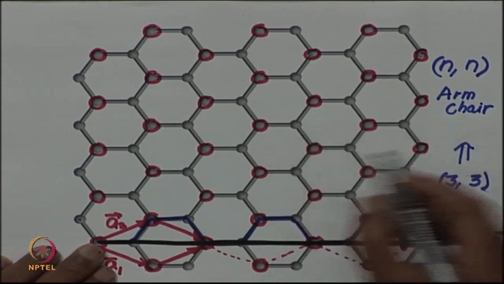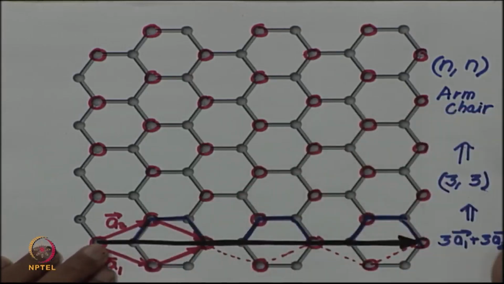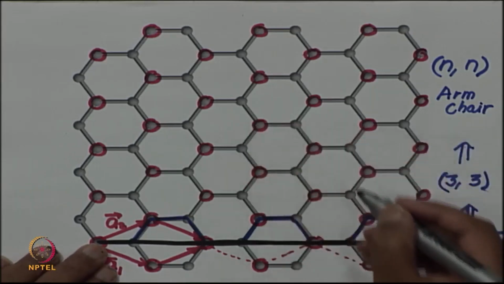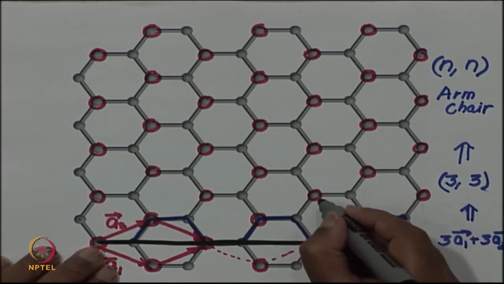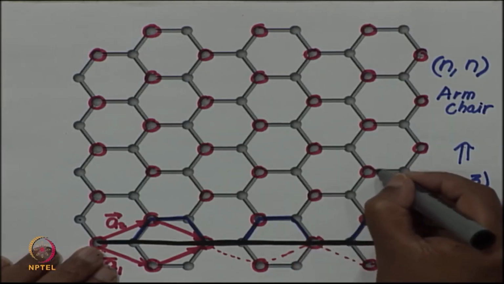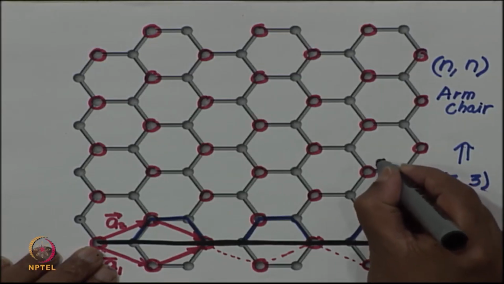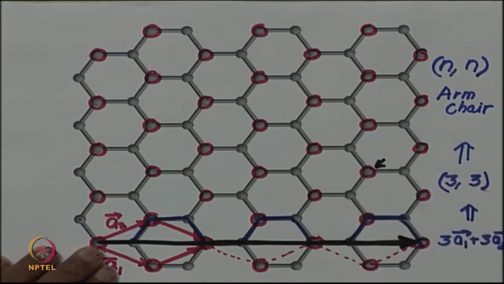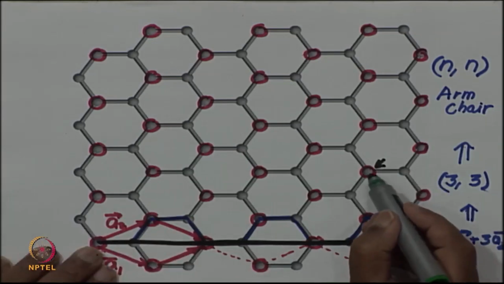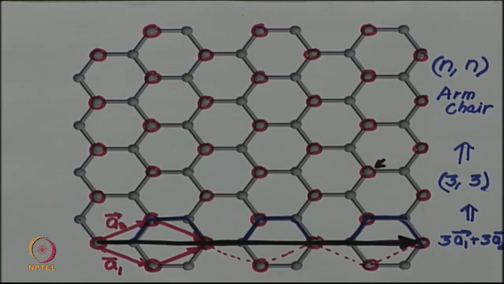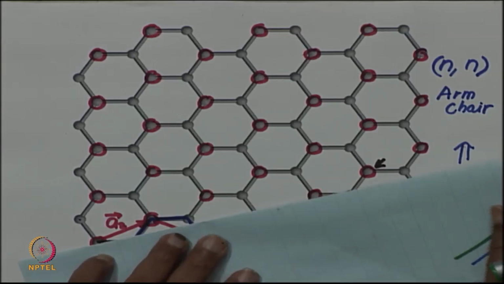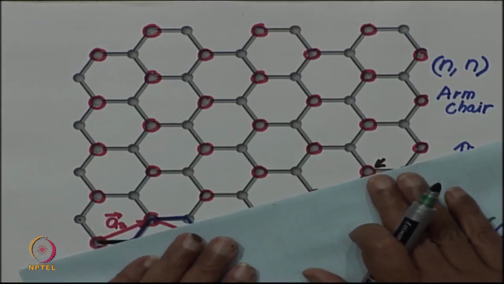So, let us randomly choose one, let us choose this atom, and say that we want to identify this atom with the origin and create a tube, which means my circumferential vector will be going from origin to my chosen atom.